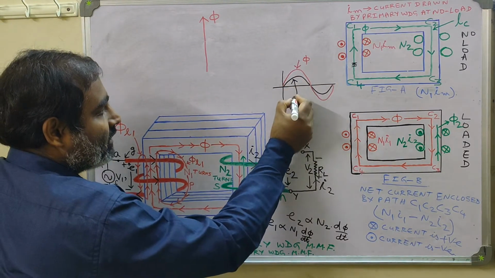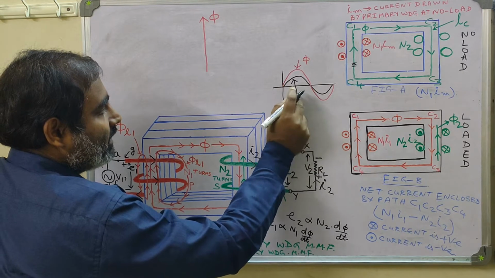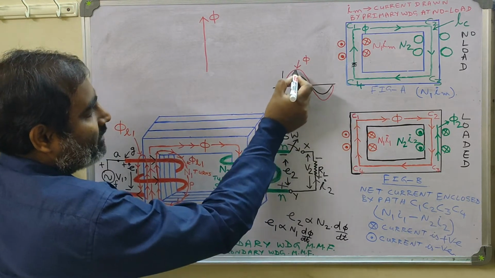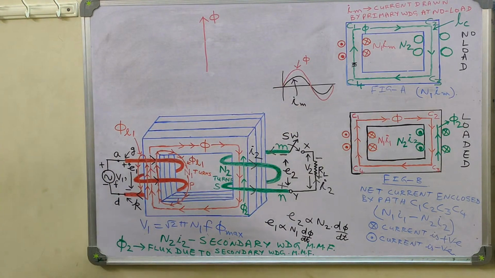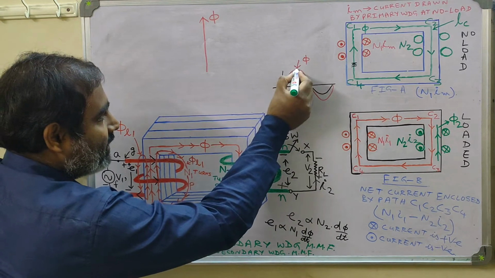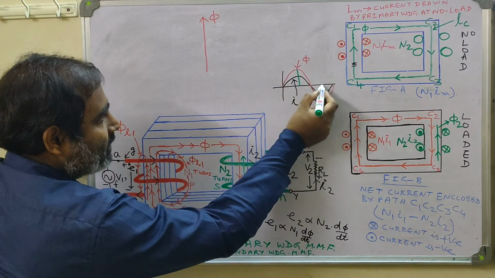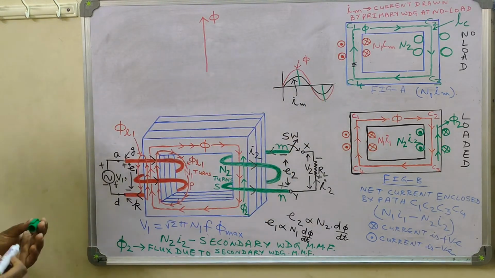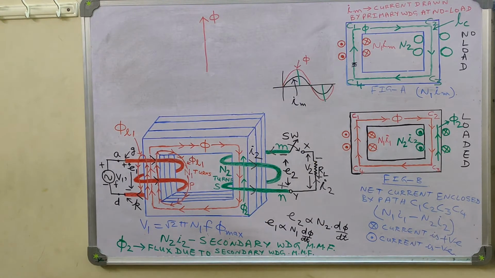If one is maximum, the other is maximum. So both have the positive peak at the same time, the negative peak at the same time, and are zero at the same time. So we say that phi and Im are in the same phase.